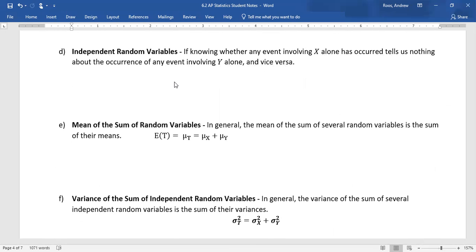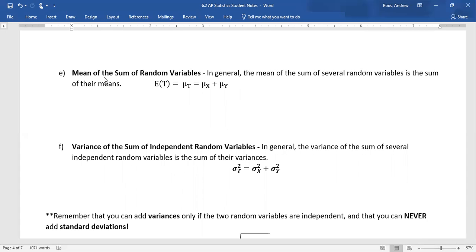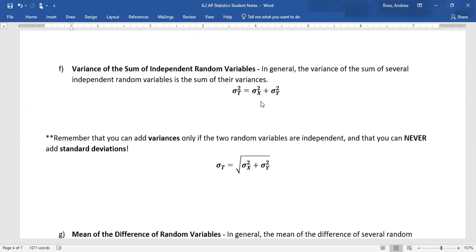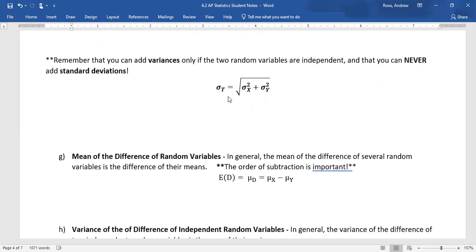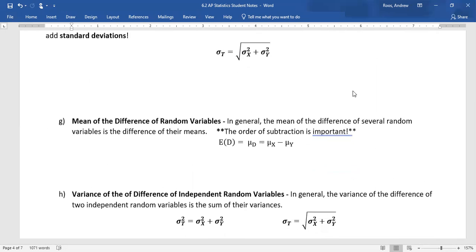For the mean of the sum of random variables, in general, to get the new mean, we can add the previously known means together. To get the new variance, we can add the variances together. And to get the new standard deviation, you would add the variances together and then take the square root.